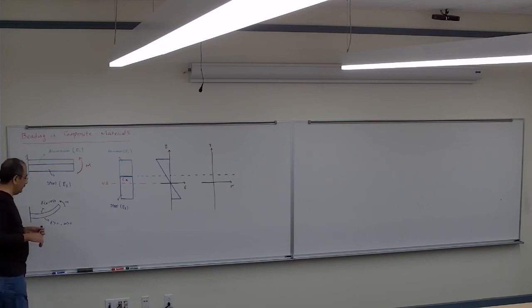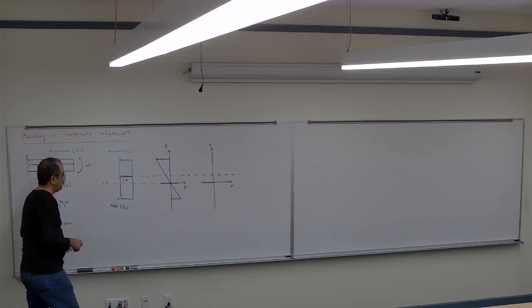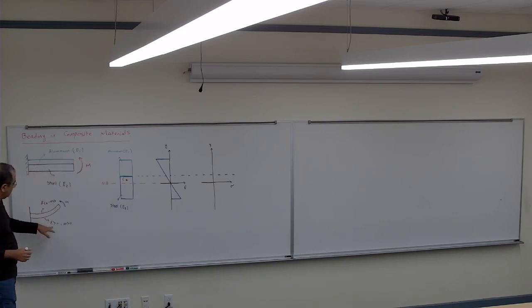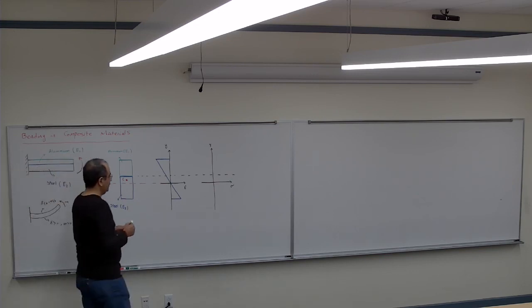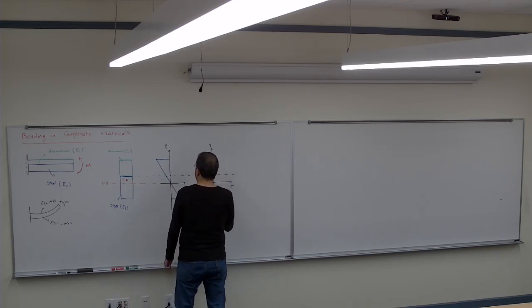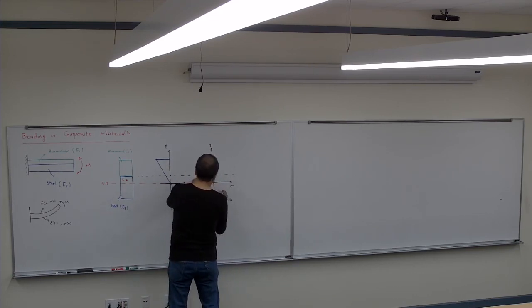So here, when I draw it for the steel, the bottom part of the steel is going to be positive, correct? And it's going to be larger, I know that. So it goes, for example, here, and then linearly it goes to the interface.